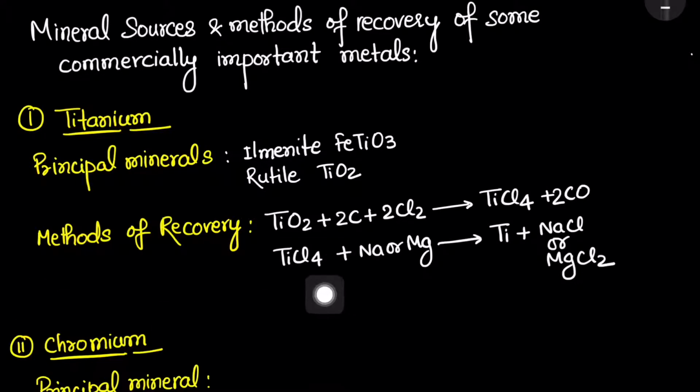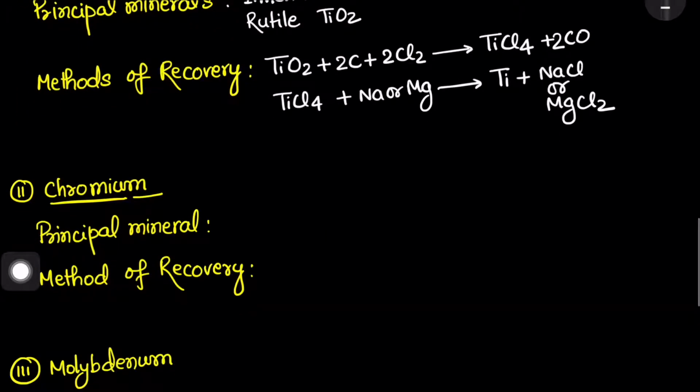So titanium has got reduced here and we are getting this titanium metal. This metal will not be pure, then we will do the Van Arkel method to purify that. So we have Van Arkel for titanium and zirconium to purify the impure titanium which is obtained here. Let's move to the next.